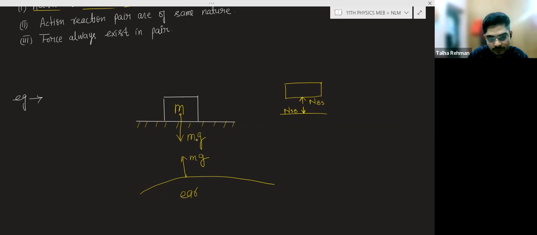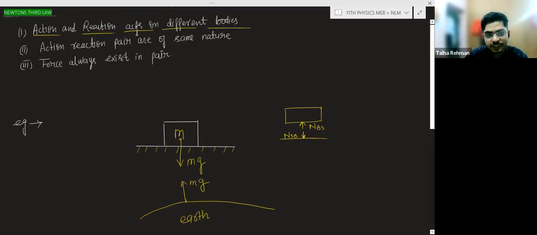This is earth. So basically, action and reaction act on different bodies. So this is the action force, and suppose this is the reaction force. If this is action, this will be the reaction.